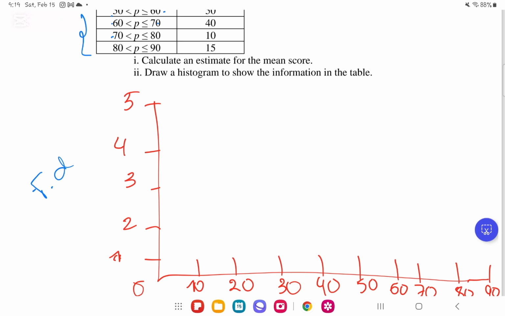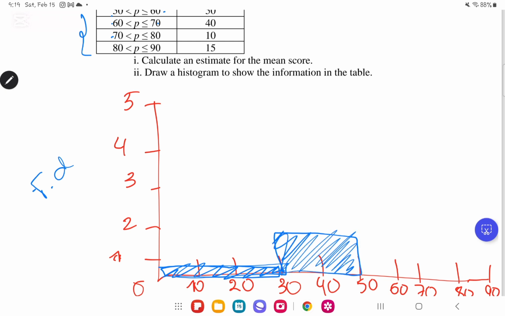So for the first one, the frequency density is going to be half, so it's going to be something like this, just in general. For the second one, from 30 until 50, the frequency density is going to be 1.5. For 50 until 60, it is going to be 5.